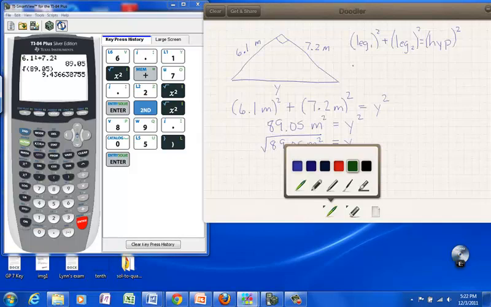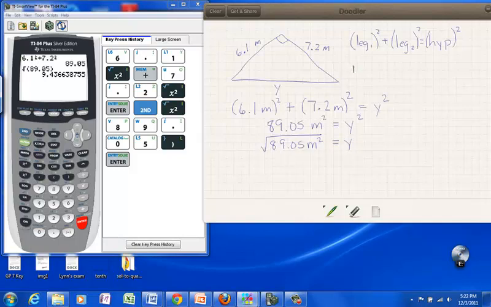And since all the other measurements were measured to the tenth of a meter, it would make sense that this y side should also be rounded to a tenth of a meter.